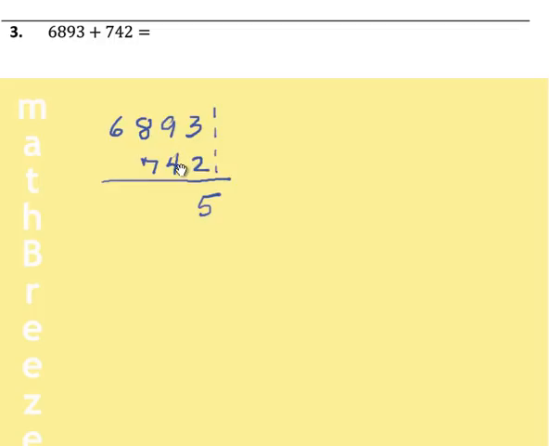Now 9 plus 4 is 13. So we put down the 1's digit, that is, put down the 3, and carry the 10's digit, carry that 1 in the 13. And now we're going to add 3 digits. So we have 8 and 1 is 9. 9 plus 7 is 16. And 6 plus 1 is 7. So there's our result.